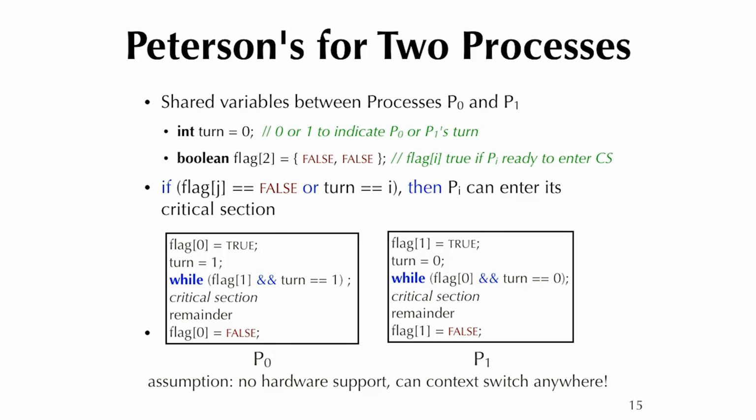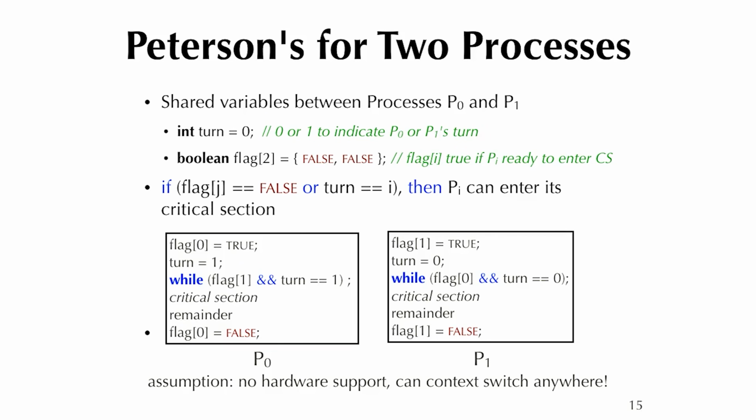So what does that mean? Flag sub 1 is set to true by process P1. Each process, upon entry, just before the critical section, sets its own flag to true. By setting it to true, it says, hey, I raised my flag and I'm going to enter.